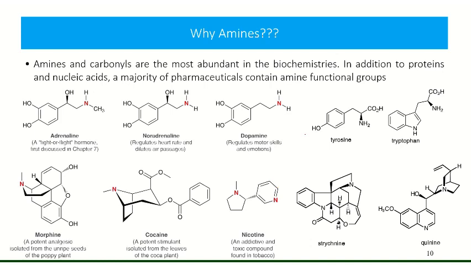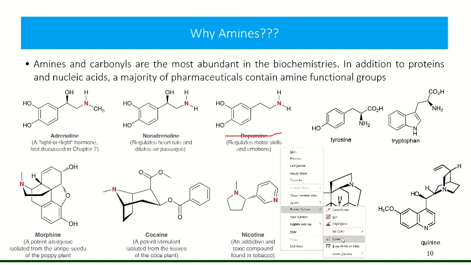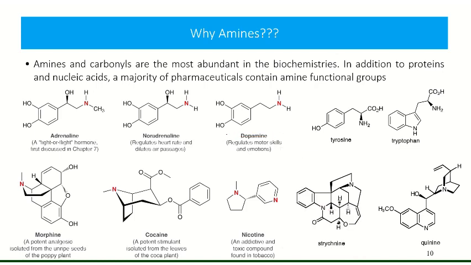You can see, for example, dopamine. Dopamine should remind you of all these other things, because you can see here we've got this ethylamine going on next to an aromatic. Can you see that? All of these, for example nicotine, which is rather addictive, is an amine.